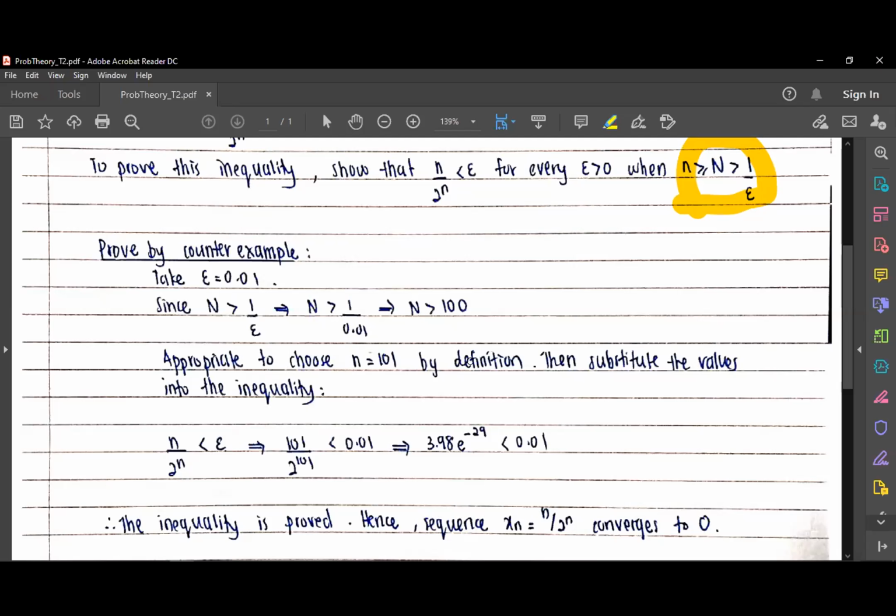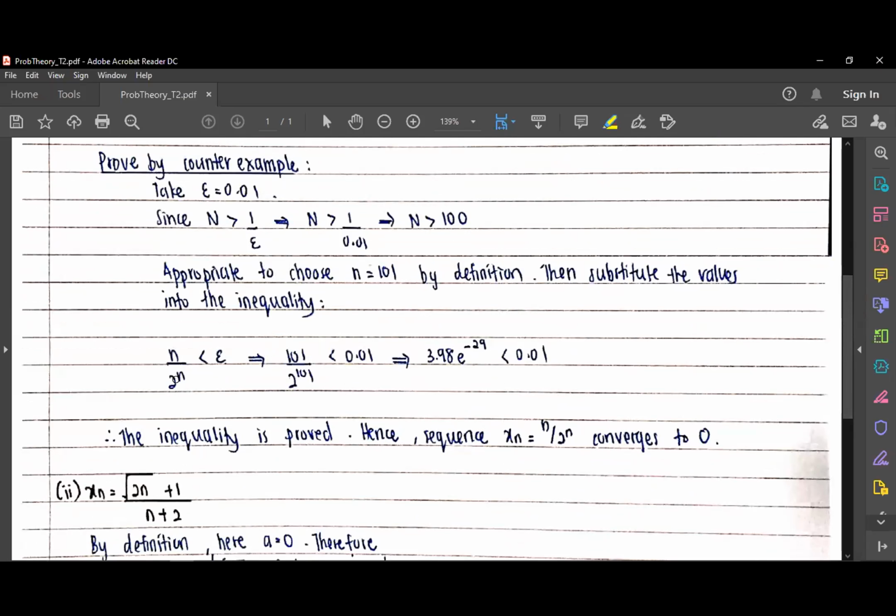Then I substitute the values into the inequality, and I get that it is true. This is really less than the bounded epsilon, which is here. Therefore the inequality is proved, hence the sequence xn equal to n over 2 power of n converges to 0.